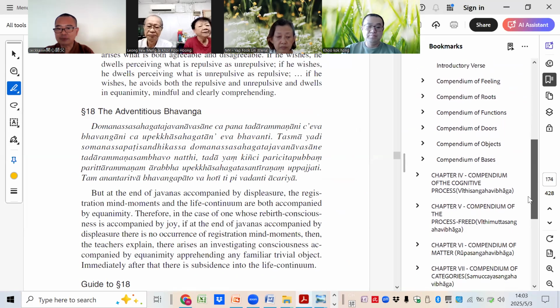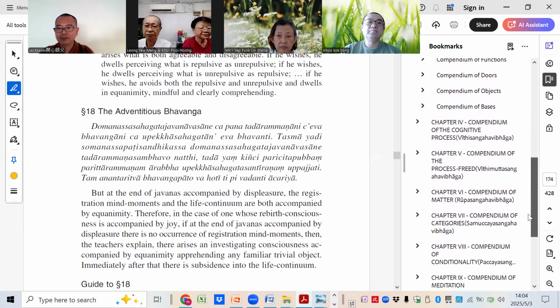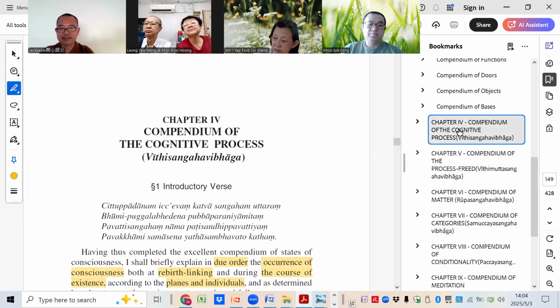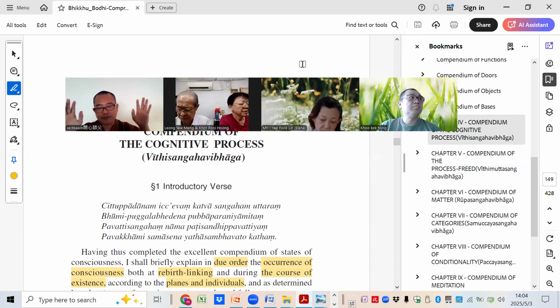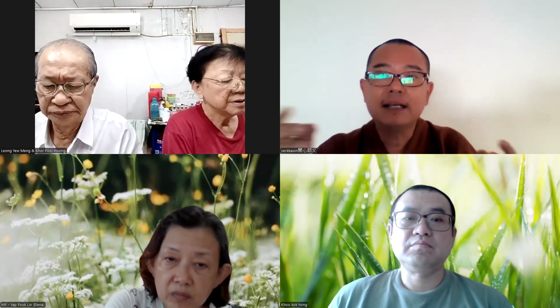Actually, we are in chapter number 4, the compendium of the cognitive process. Basically, in the cognitive process, class, if you remember, we have gone through a few important parts. Number 1, through the 5 faculties, that will trigger some cognitive process. Then we go to the mind door.